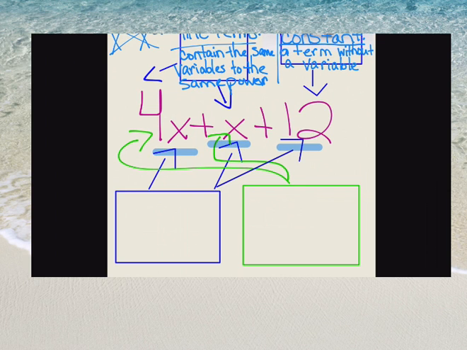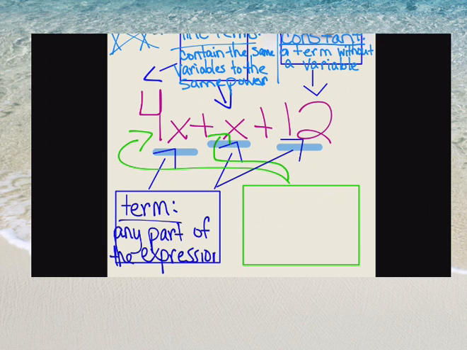Each one of those is considered a term. Let's write that down here. So remember, a term is any part of the expression. And in this example, we could say that there are a total of 3 terms: 4x, x, and 12.